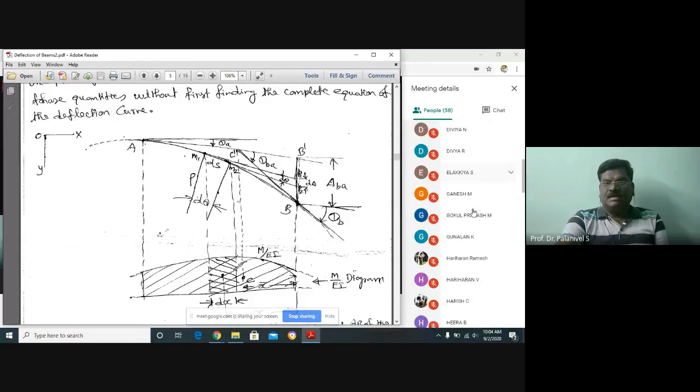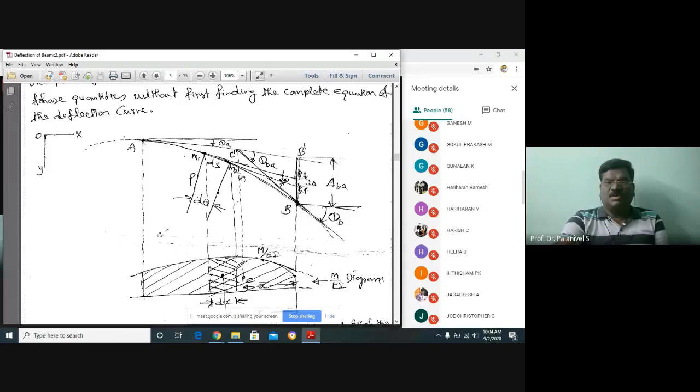Now, what I have done, I have considered a deflection curve here. I have considered a portion of a deflection curve of a beam, a cantilever beam deflecting. Some portion AB of the deflection curve.